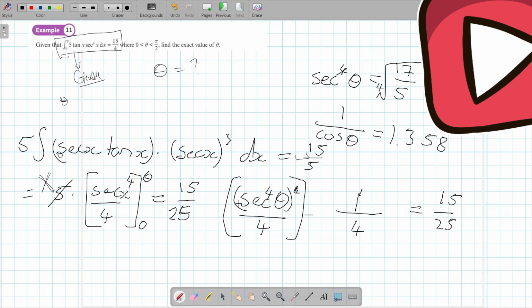Why 1 over cos theta? Just put sec theta. Okay, it just makes it a little bit easier for me. Then take sec inverse from the calculator.